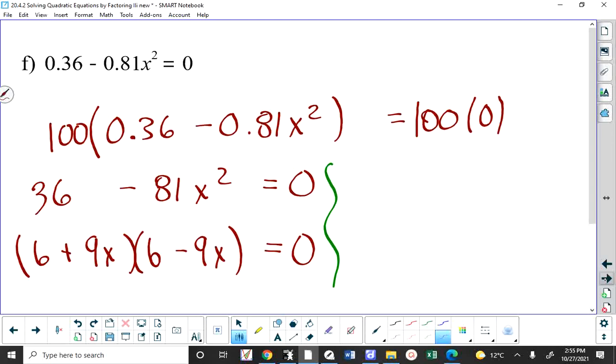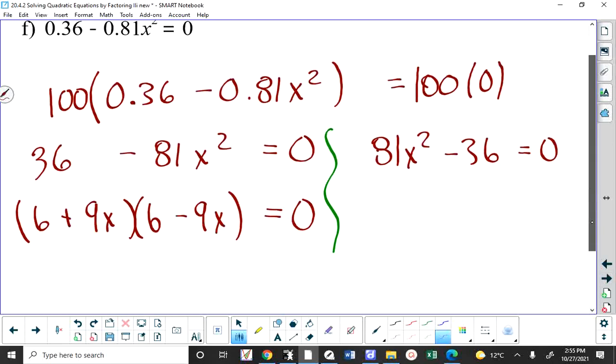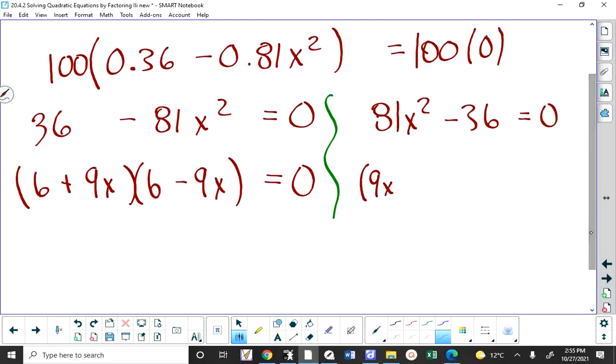You would end up with positive 81x squared minus 36 equals 0. Well, you can put the equals 0 on whatever side you want. Do you get my point, though? Is this still a difference of squares? Still is, right? It's going to factor into 9x plus 6 and 9x minus 6.